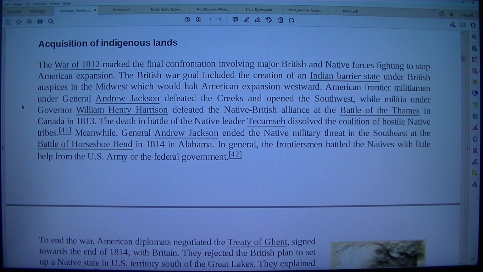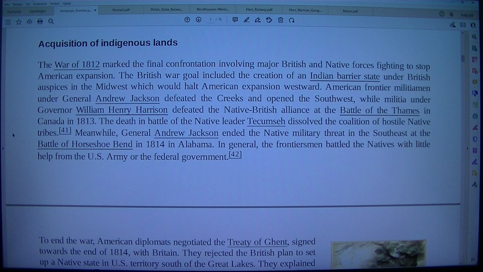American frontier militiamen under General Andrew Jackson defeated the Creeks and opened the Southwest, while militia under Governor William Henry Harrison defeated the native British alliance at the Battle of the Thames in Canada in 1813. The death in battle of the native leader Tecumseh dissolved the coalition of hostile native tribes.